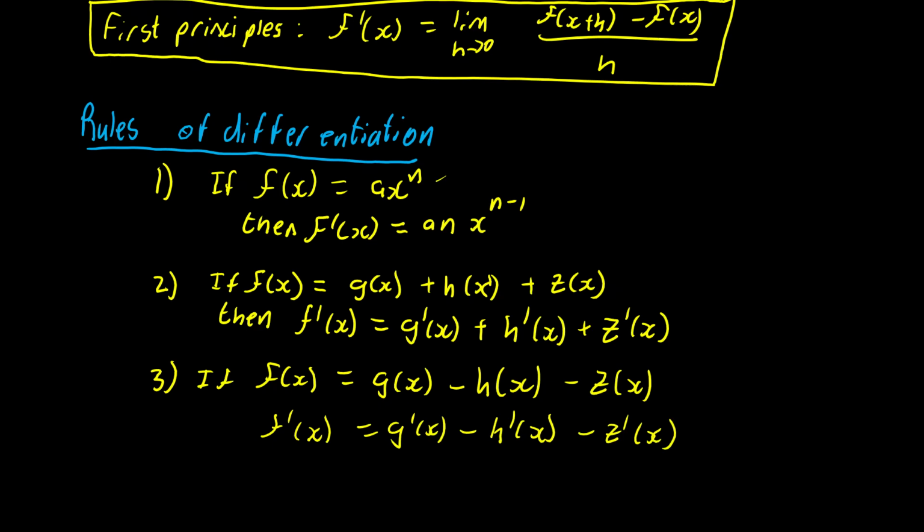And all of these derivatives you can find using the very first rule of differentiation, where you take the exponent multiplied with the coefficient, and subtract 1.